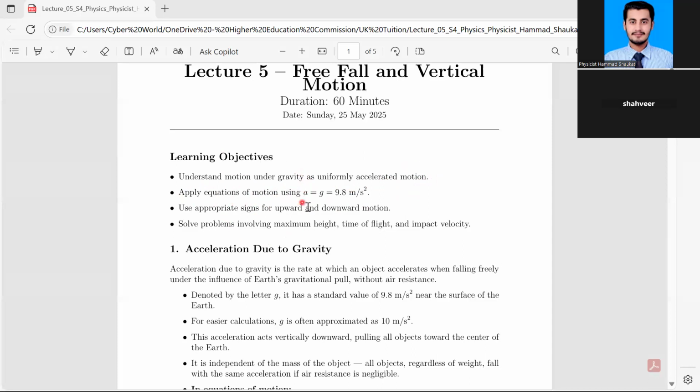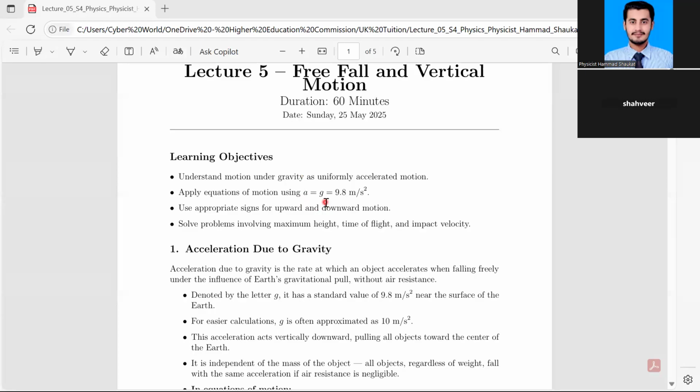What we have to do is simple: wherever there is an a, we replace that a with g. Understood? In the equations of motion we learned in the previous lecture, wherever there is an a, we just replace a with g, because a is the acceleration, whereas small g represents the gravitational acceleration.